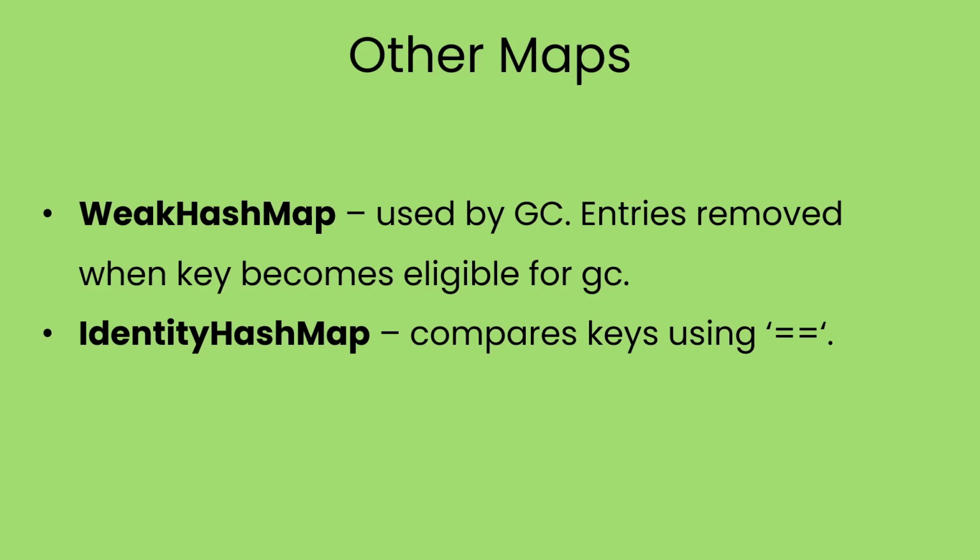In certain situations, we might want to compare two objects by their identity, meaning that we are comparing not the values of the objects, but we need to know if they point to the same memory address. So in this case, we might need identity comparison, and we might find IdentityHashMap useful. Of course, these implementations can fit many specific use cases, but this is just an overall idea, general examples of their use cases.